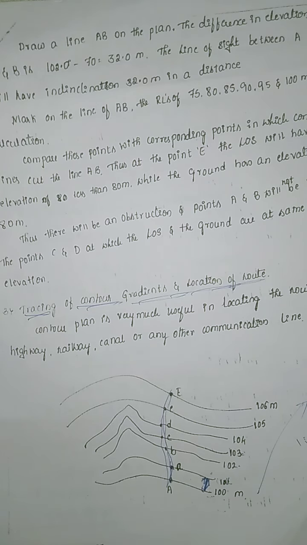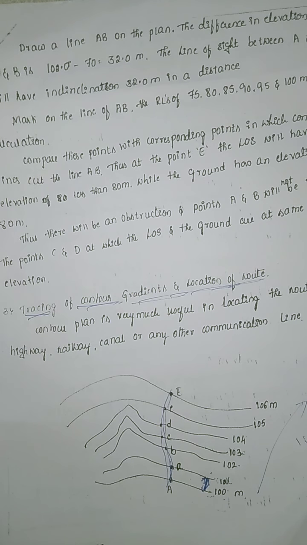Next is the measurement of a drainage area. The drainage area for a given point in a stream or a river can be calculated by using your contour plan. The drainage area is going to have the following characteristics.